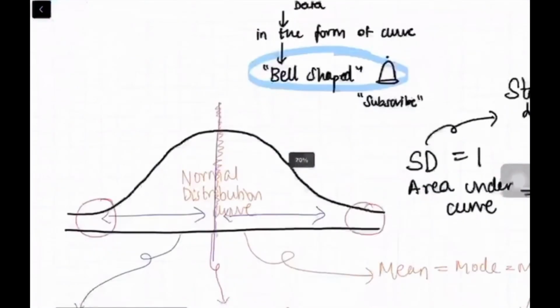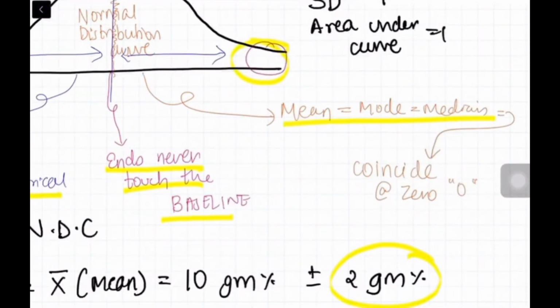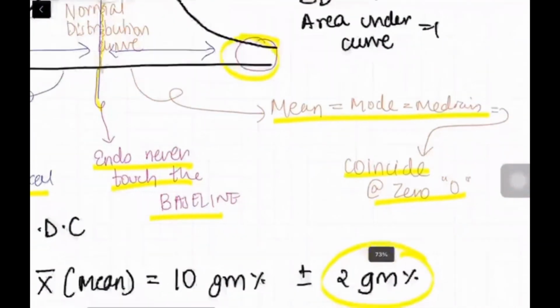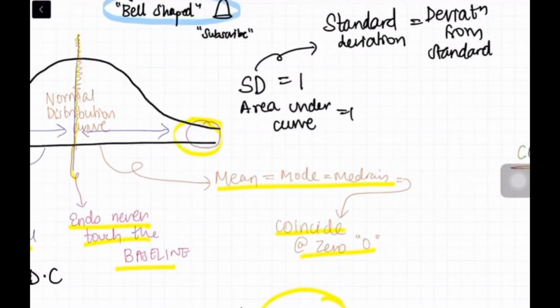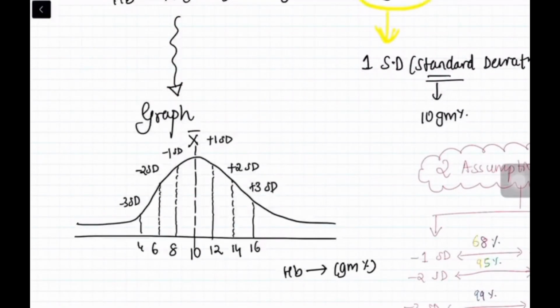Now a quick recap. It is a bell-shaped curve, bilaterally symmetrical, ends never touch the baseline, and mean is equal to median is equal to mode. All these coincide at 0. Standard deviation is 1, area under the curve is also 1. We saw the example, a very good example of hemoglobin.